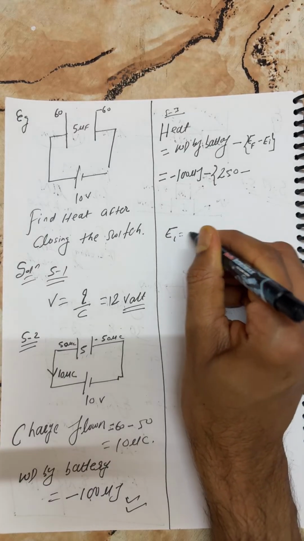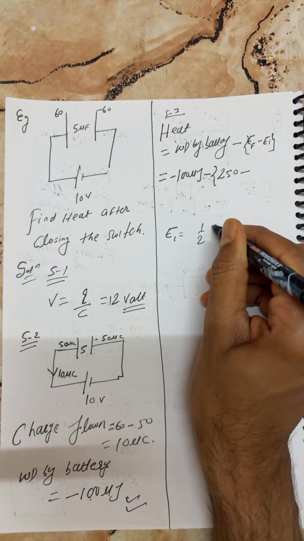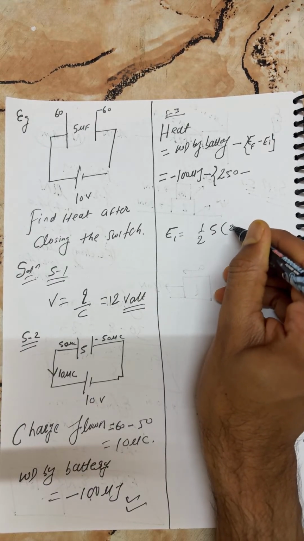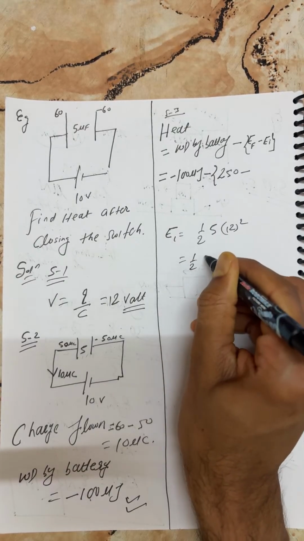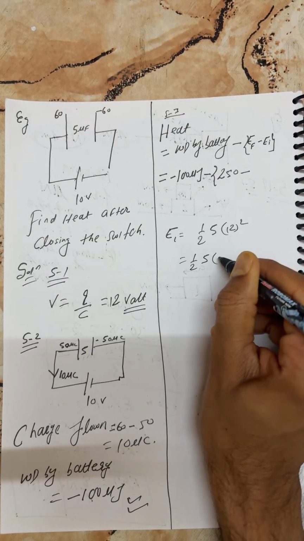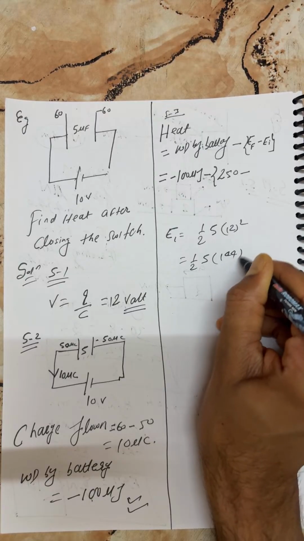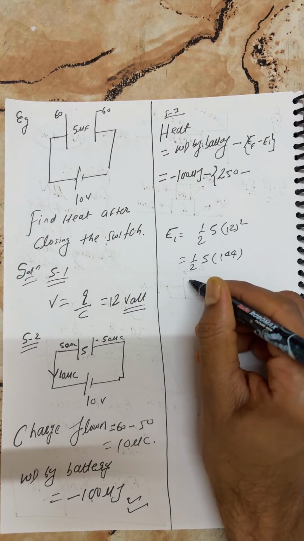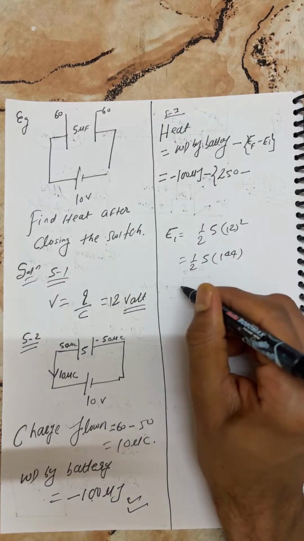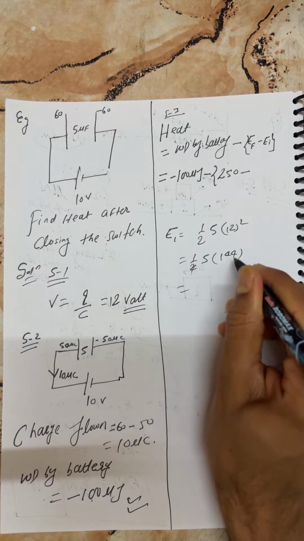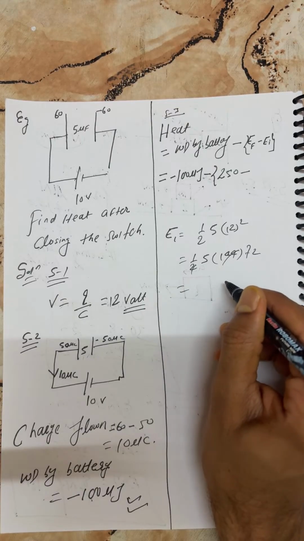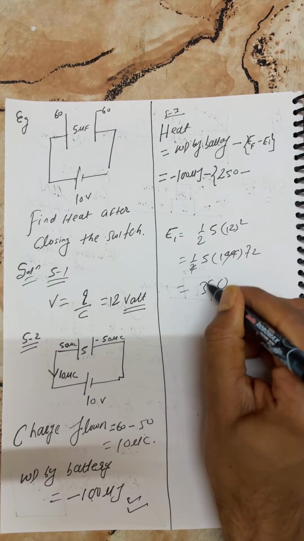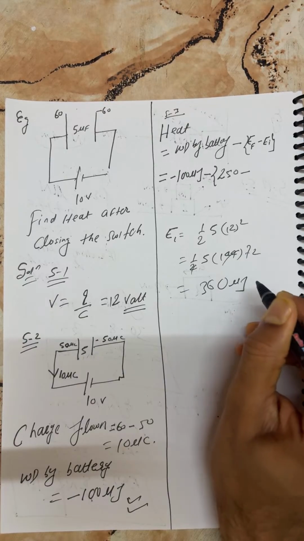Okay, energy initial is half CV squared. Half of 5, 12 times 12 is 144, so this is 72. 72 into 5, how much can we get? 360 microjoule.